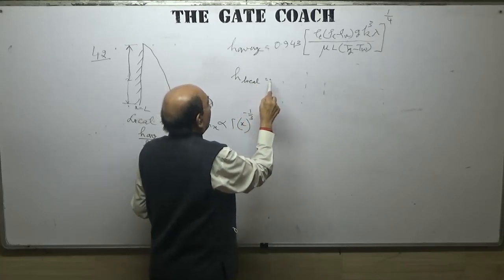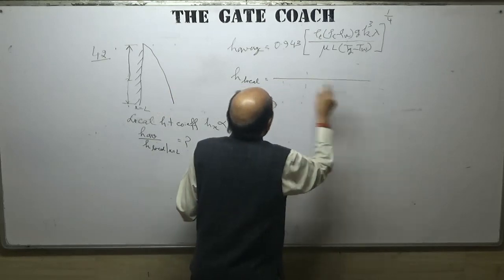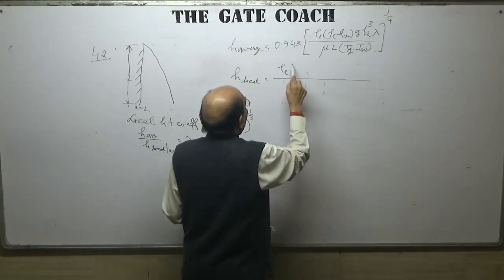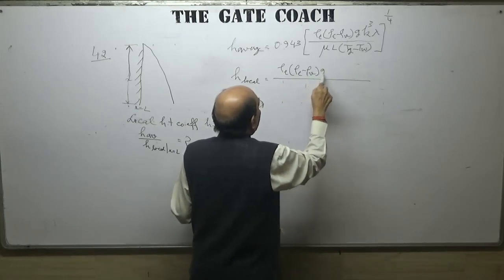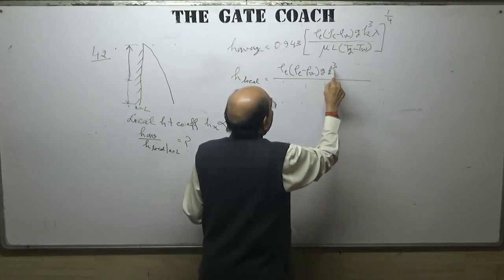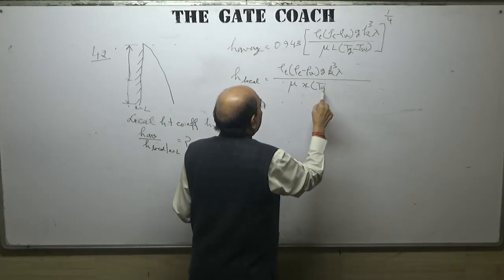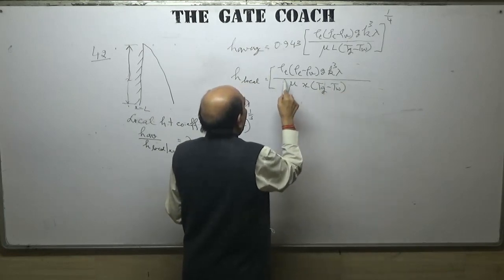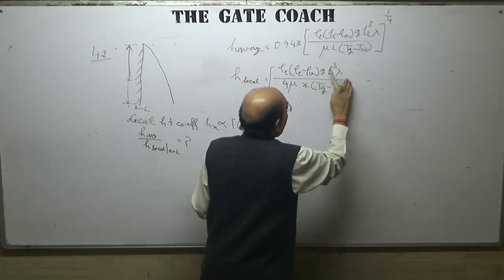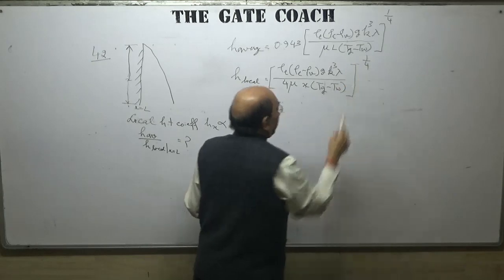And if we talk of local, it is rho L into rho L minus rho V into g into k cube into lambda upon 4 mu x into Tg minus Tw raised to the power 1 by 4.